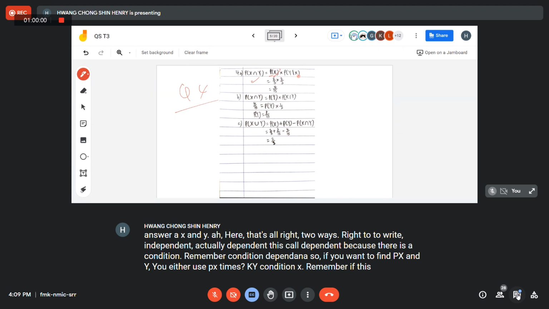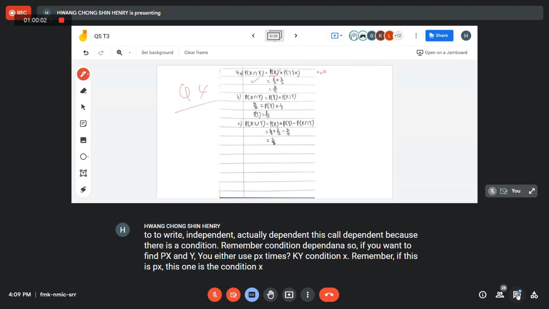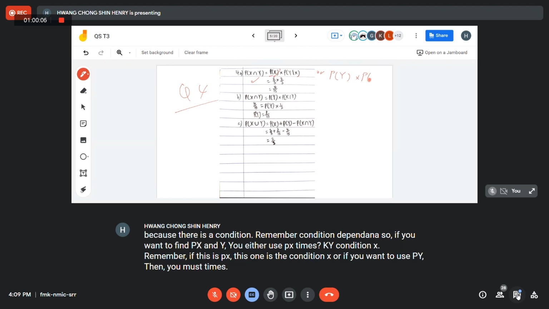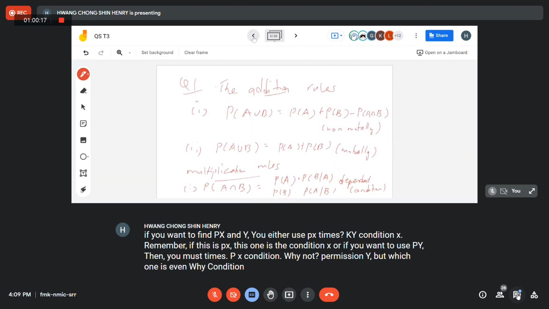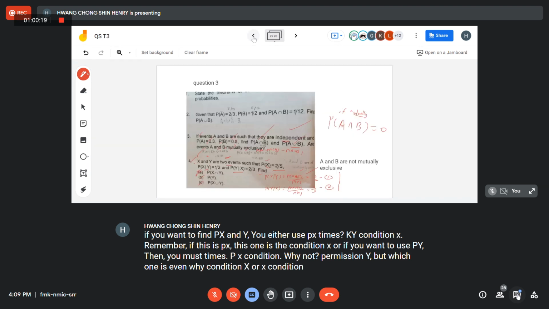P(y given x). Remember, if this is P(x), this one is the condition x. Or if you want to use P(y), then you must times P(x given y). Correct, not condition y. But which one is given? Y given x or x given y? Both also given.